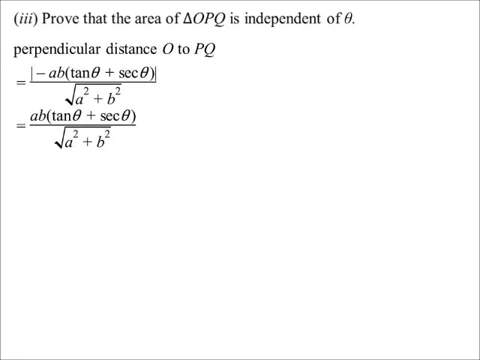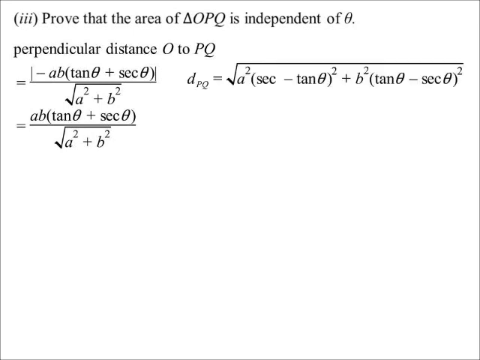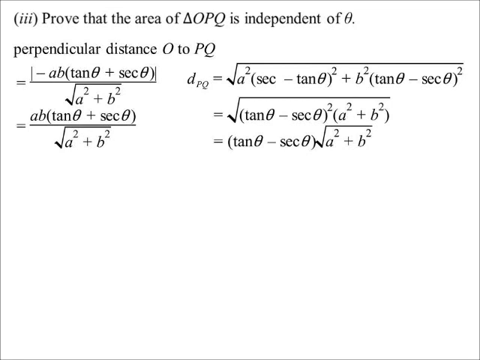And theta is an acute angle because of the position that they've put P in. I know that theta is going to be acute. So I know ab(tan theta plus sec theta) must be a positive number there. And then I'll just use the distance formula to find PQ. We've got a bit of trig identity work to do in there, have we? So some sec squareds. Oh no, it's just a common factor, my mistake.